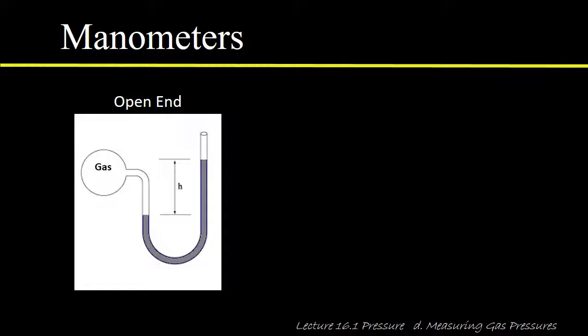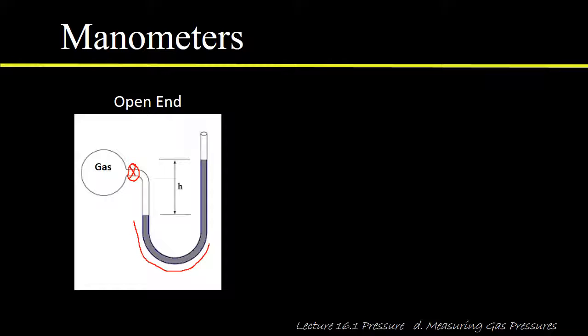All right, so this is a manometer, and basically it's just a U-shaped tube that's full of mercury. This diagram doesn't have it, but there's a little valve here.